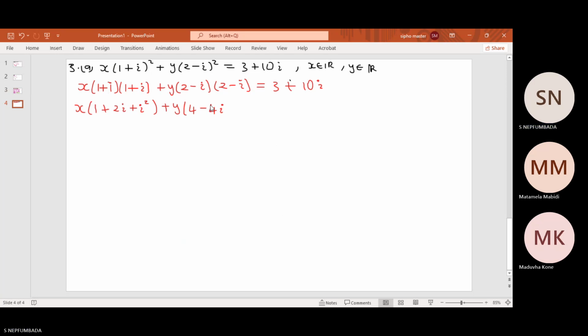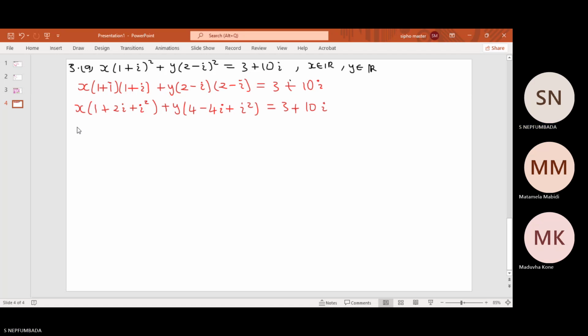Yeah, it's correct. Then minus 1. This is plus i squared, right? Is equals to 3 plus 10i.